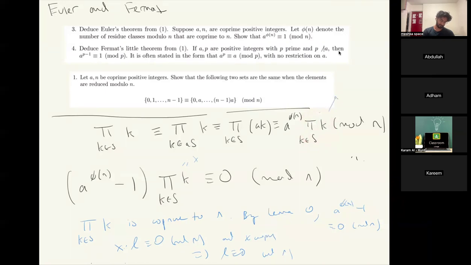This thing is telling us a to the phi of n times x equals 1 times x mod n. And so again, by lemma 0, it means a to the phi of n is equal to 1. The important thing is that we're dividing by x on both sides, and the reason we can do it is because x is coprime to n. That's the point.